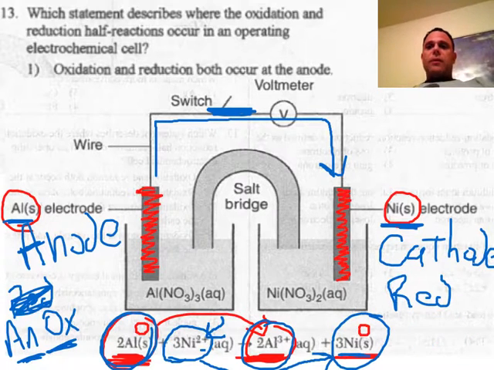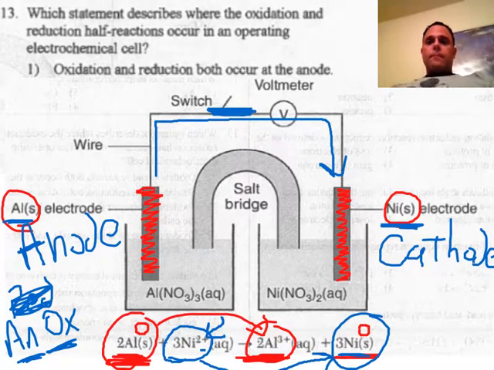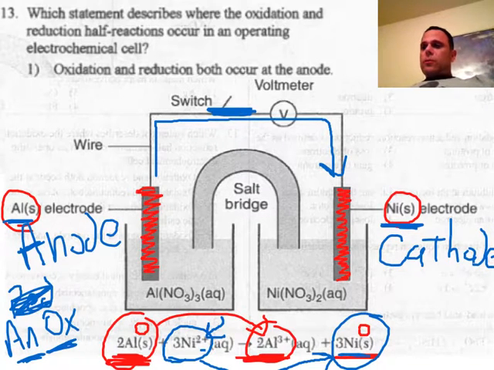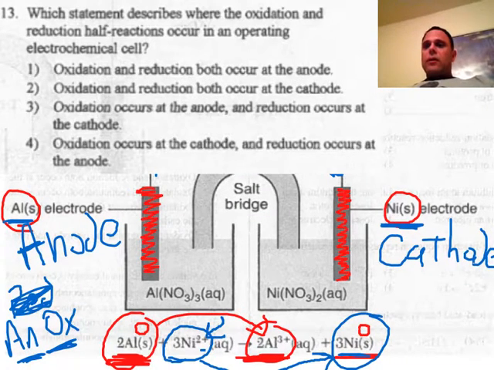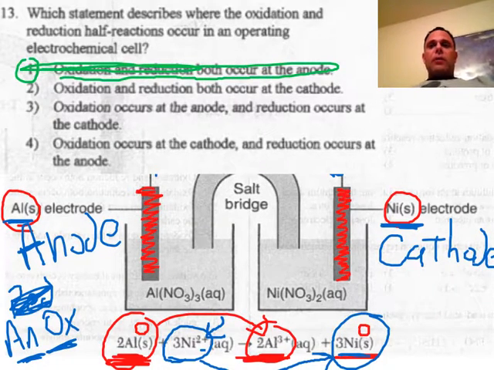Actually, I've got an idea. Bring this to the forefront. Move the front. There it is. And what makes sense? Does number 1 make sense where it says oxidation and reduction both occur at the anode? No. One or the other. It says oxidation and reduction both happen at the cathode?